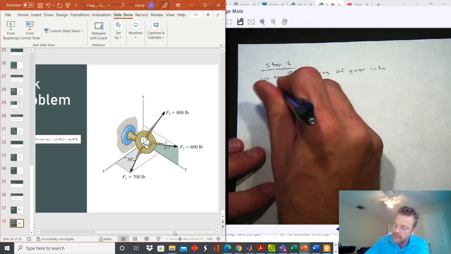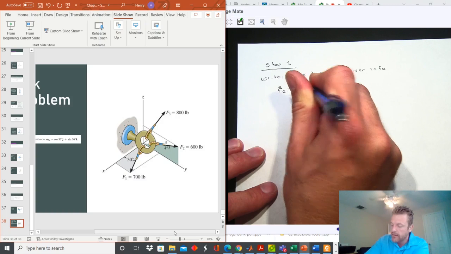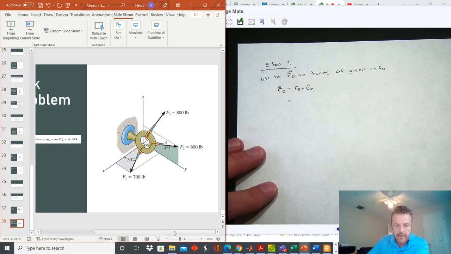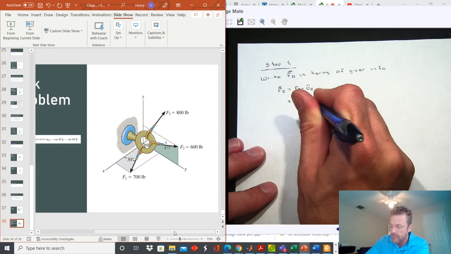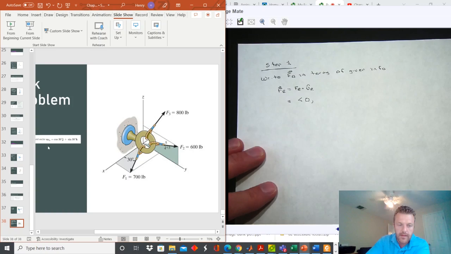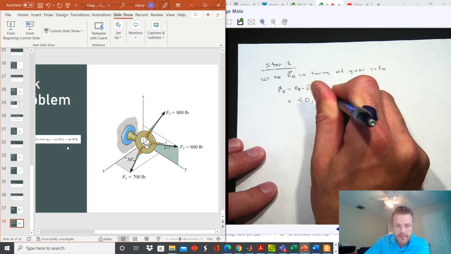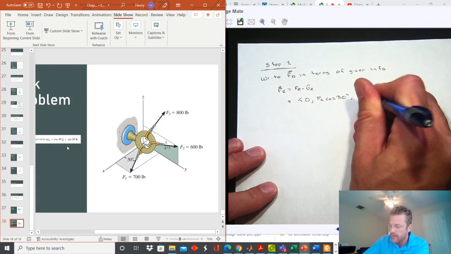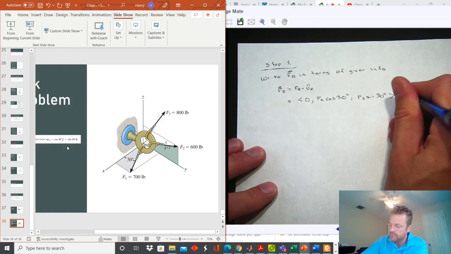So remember, for any vector, we can always write it as its magnitude scaling a unit vector in that direction. So I can write the resultant force FR as, well, it won't have an i hat component, because if you notice, the unit vector that defines its direction doesn't have an i hat component. Its j hat component will be FR cos 30, and its k hat component will be FR times sine of 30. So that will be in units of pounds.